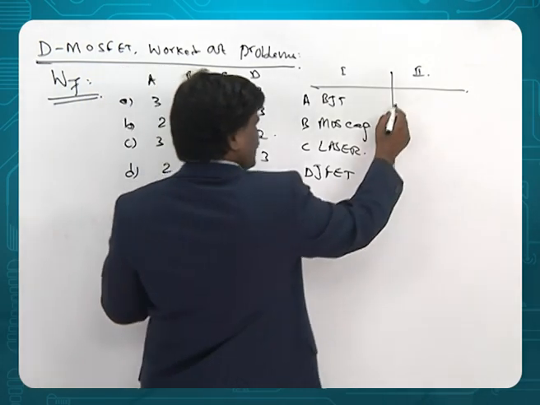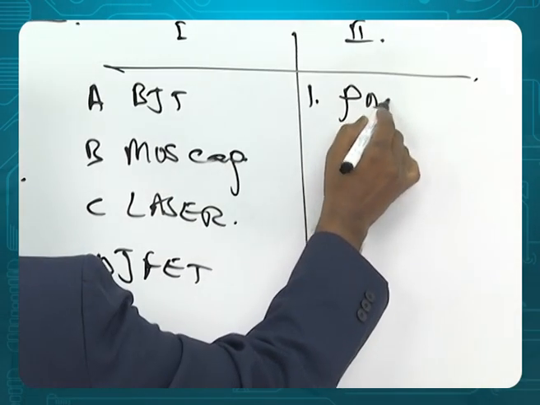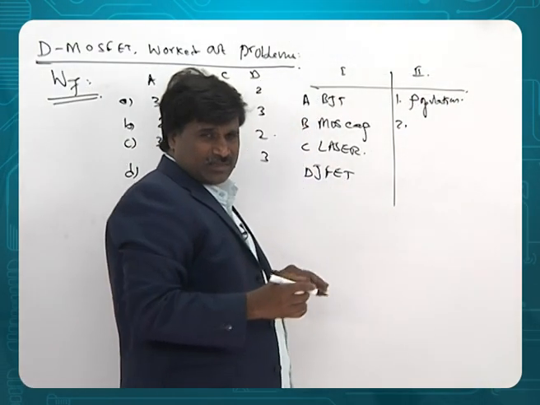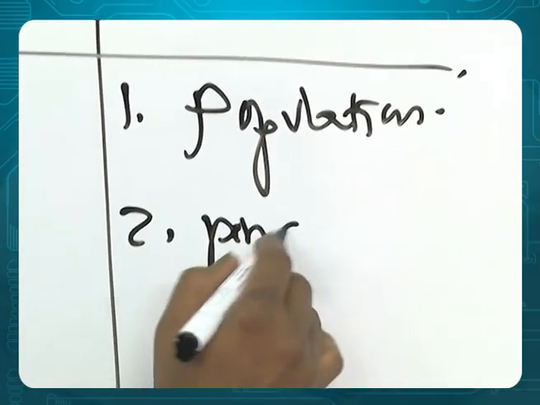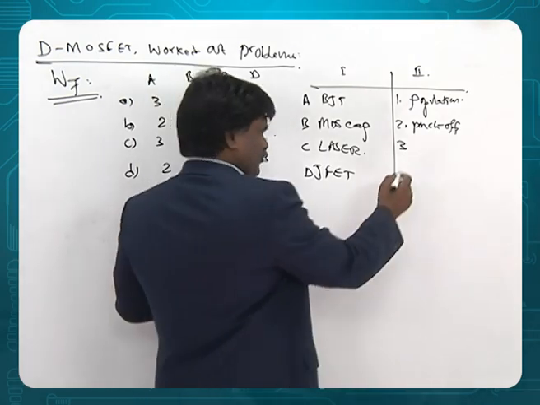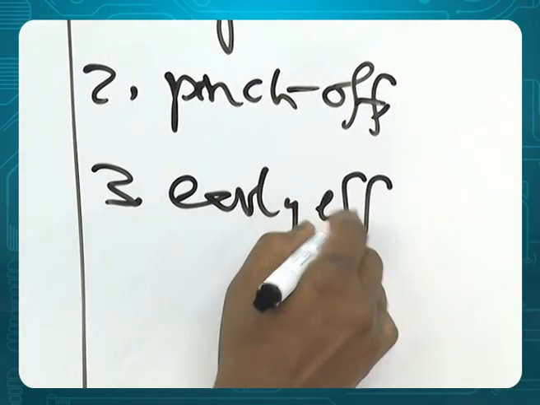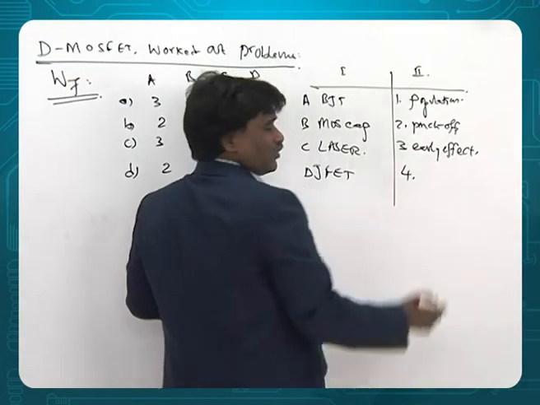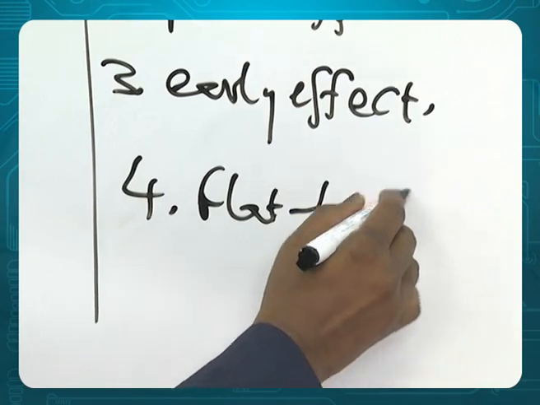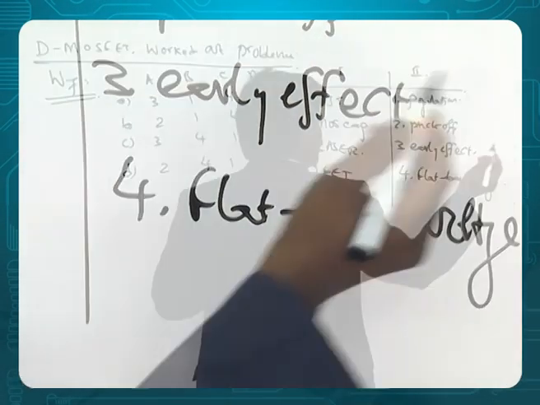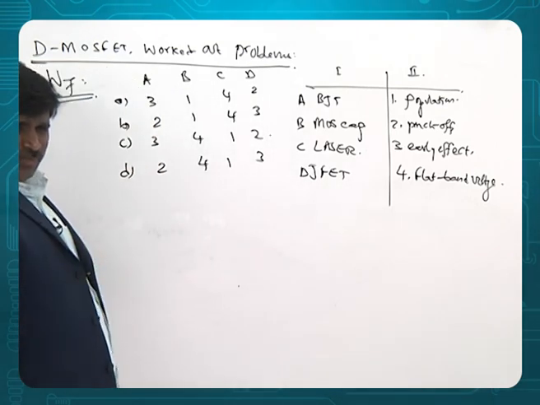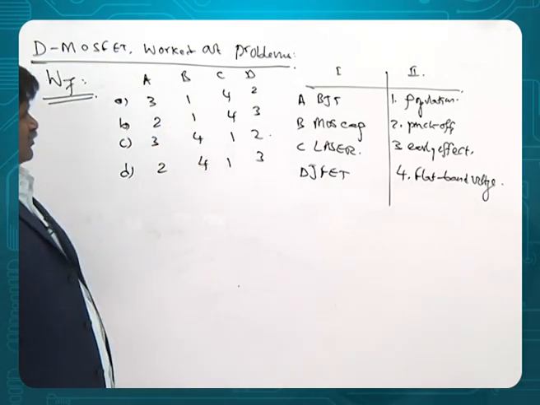And in list 2, first he says population inversion. Second one he says pinch off voltage. Third one given to us is early effect. Fourth one given to us is flat band voltage.